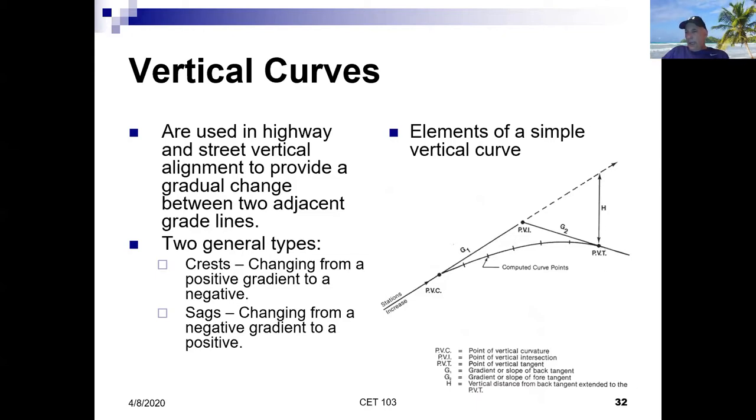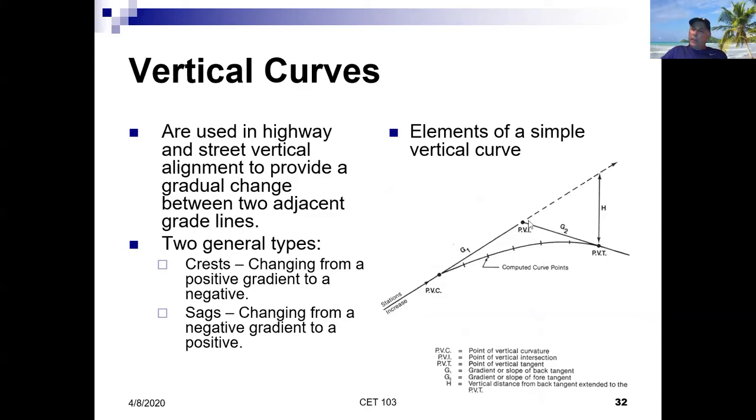This would be that difference in elevation between what is the point on the tangent all the way down to the point on the actual curve itself. That's this piece right here, or H.